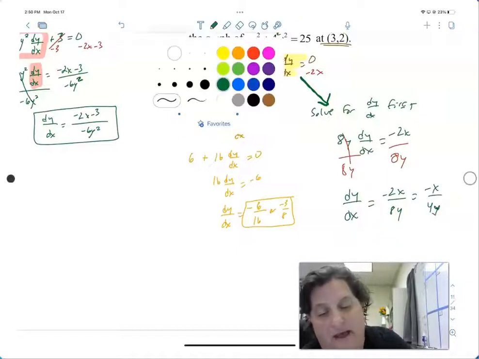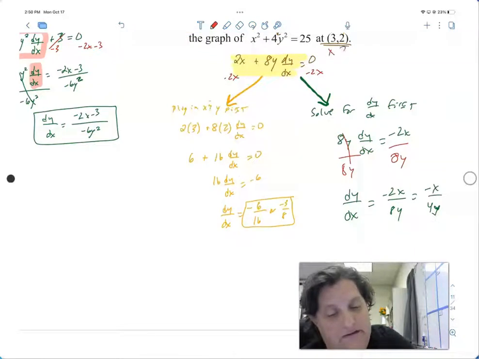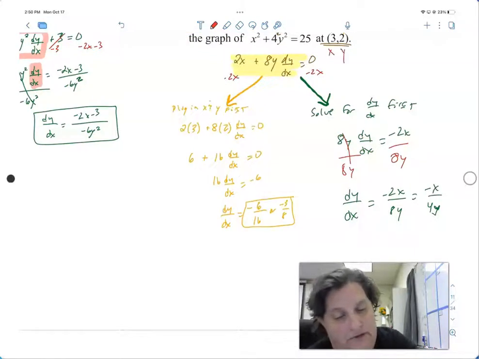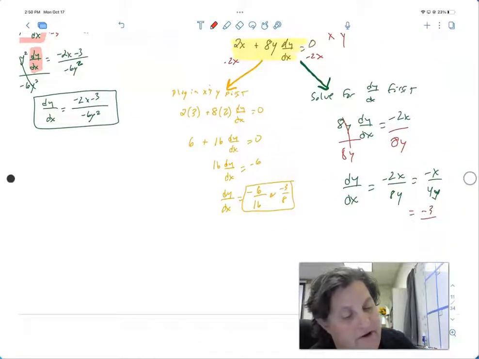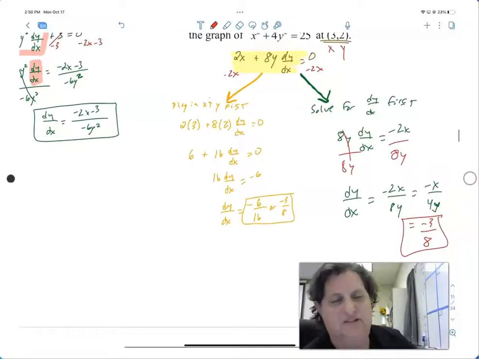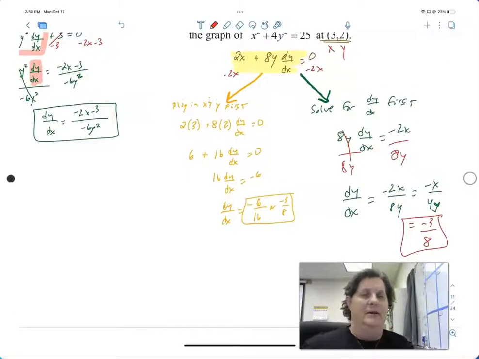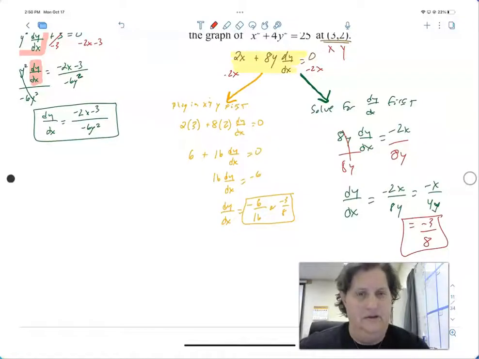And then at the very end, you guys, I would plug in x is 3, y is 2. Okay, and so I get negative 3 over 4 times 2, so I get negative 3/8. All right, so those are two different, if you have numbers that you're evaluating at, those are the two different things that you can do, okay?